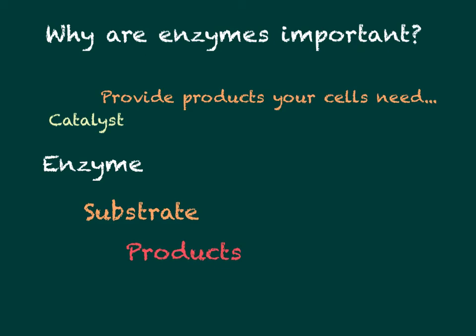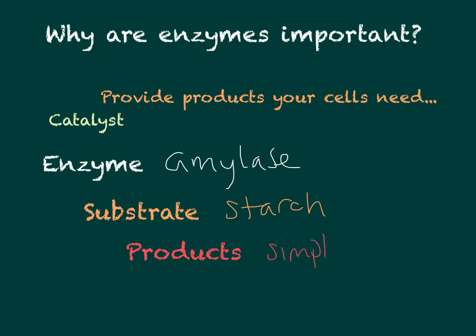They take it apart. So for example, one of the major enzymes that you have is called amylase. I'm going to misspell this here. I think that's how it's spelled. So amylase is found in your saliva, and it breaks down a very specific substrate. It breaks down starch. And it breaks down starch into its simple sugar products.